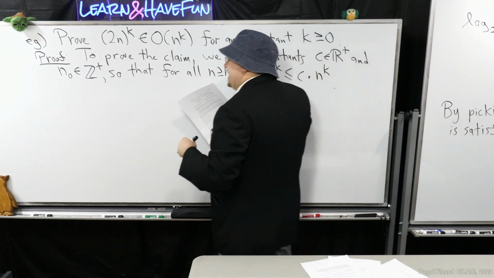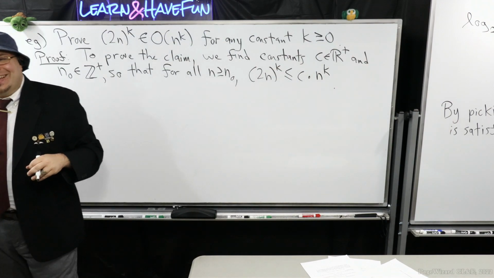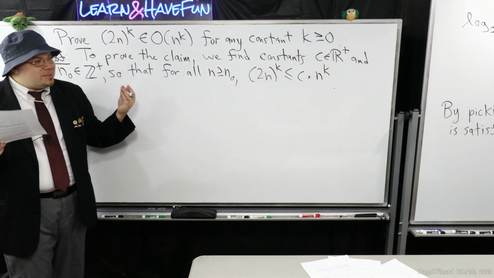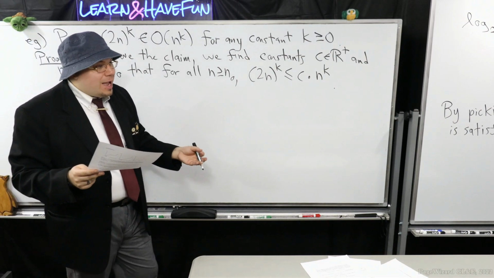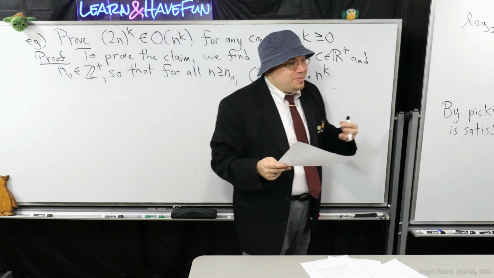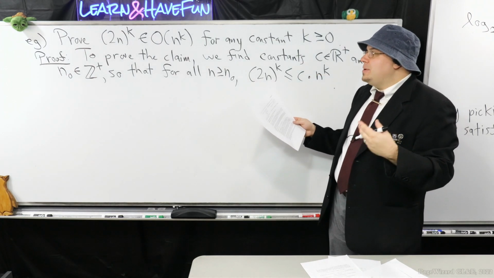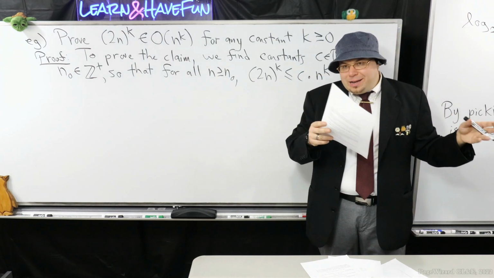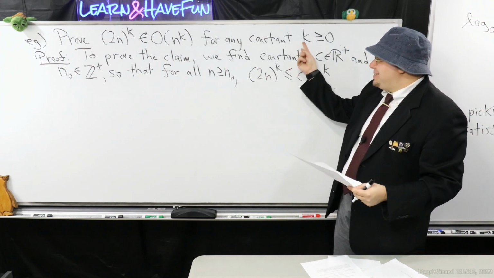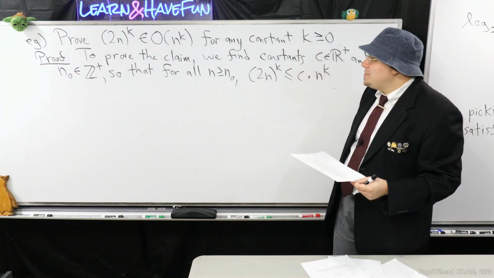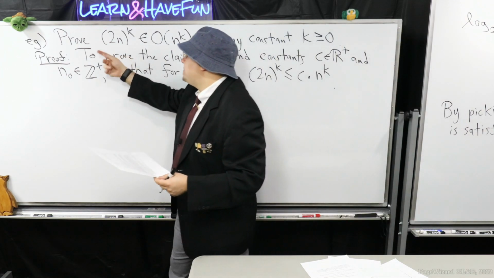Now here's where it gets a little fun. This is where sometimes it's really important to know the difference between a variable and a constant. We have names for these different variables, but some of them are allowed to vary. Some are fixed. They are constants, such as k. k is a constant. 2 is a constant, right?